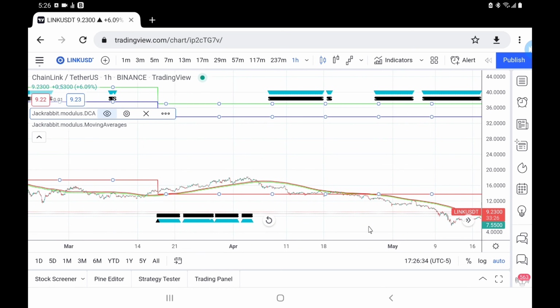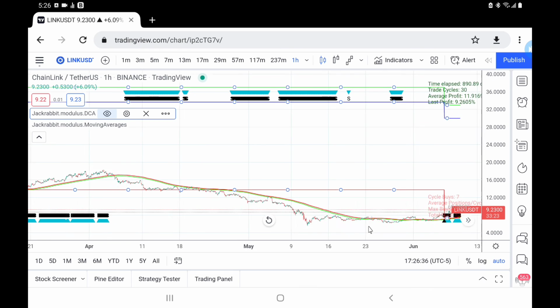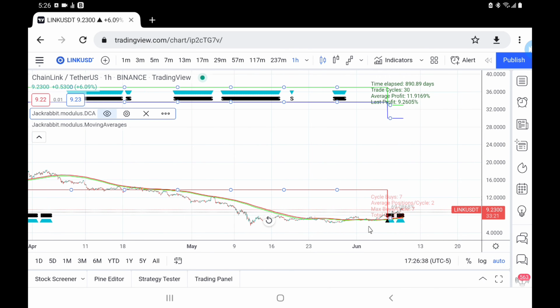And now we just keep going. And now another opportunity. So as you can see, opportunities with this kind of strategy are critical. But you can see they're not wasted.